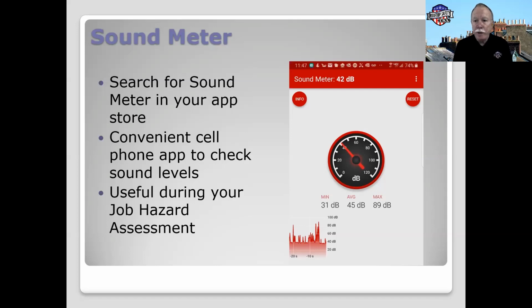And this would be very useful during your job hazard analysis. If you're around some loud equipment, pull out your cell phone, fire up your sound meter app, and document what those noise levels are.